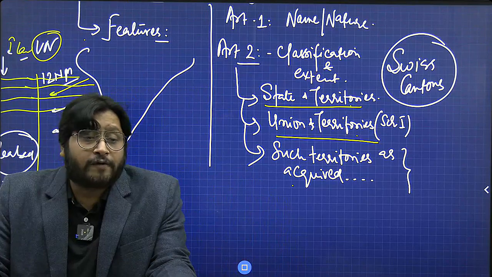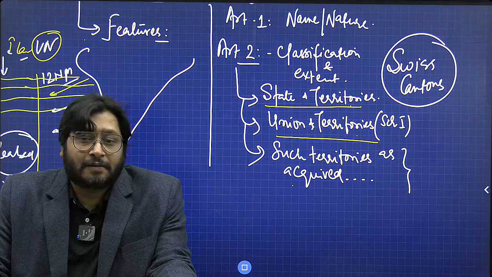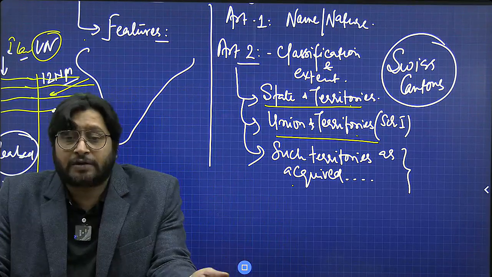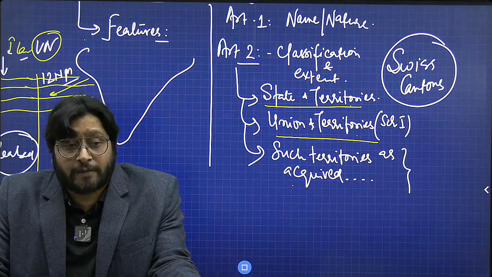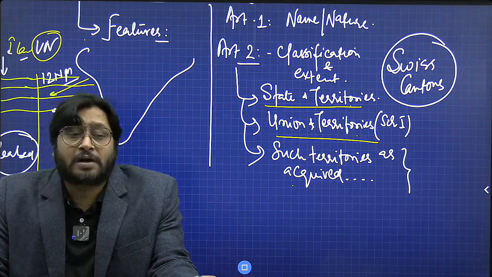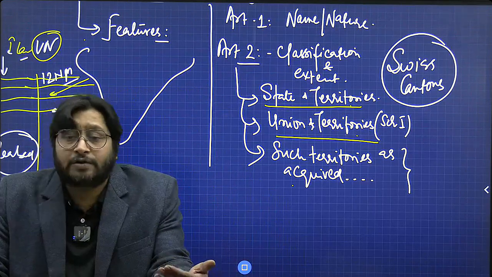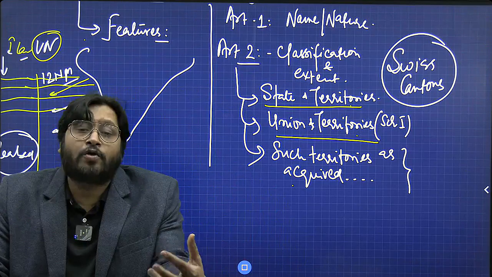But if you have to give territory, then you cannot do so. When you're acquiring it, you don't need that legislation or approval. But when you are giving the territory to any foreign country, that requires an amendment, that requires an approval, provided it is not a border dispute. So it is not a solution to any ongoing border dispute.